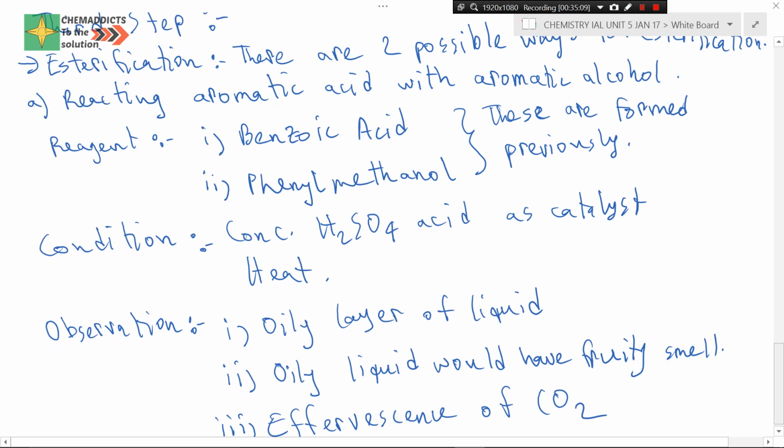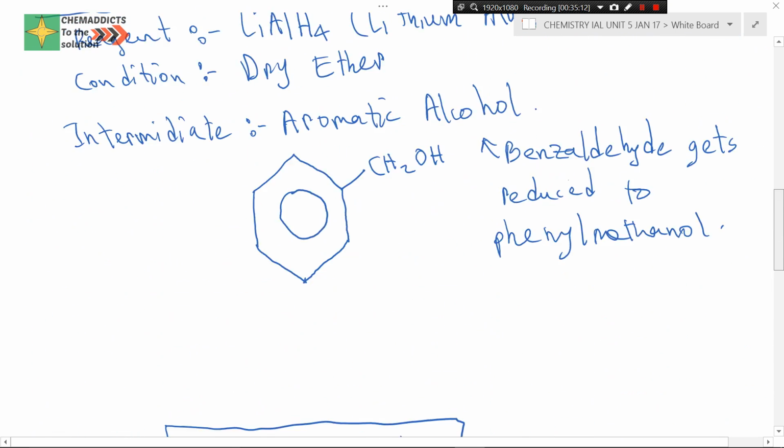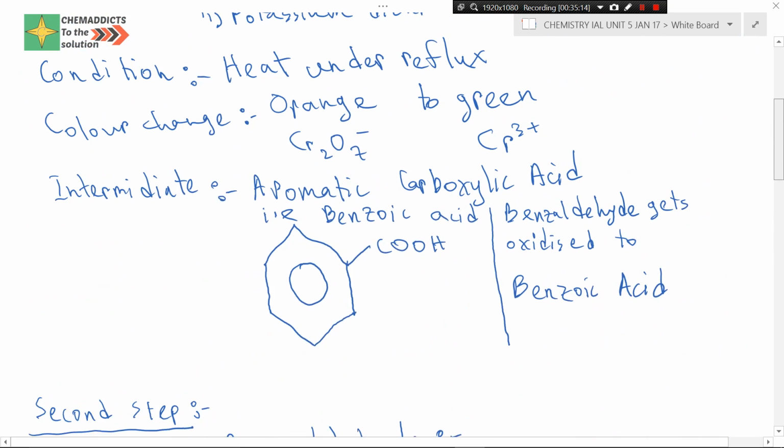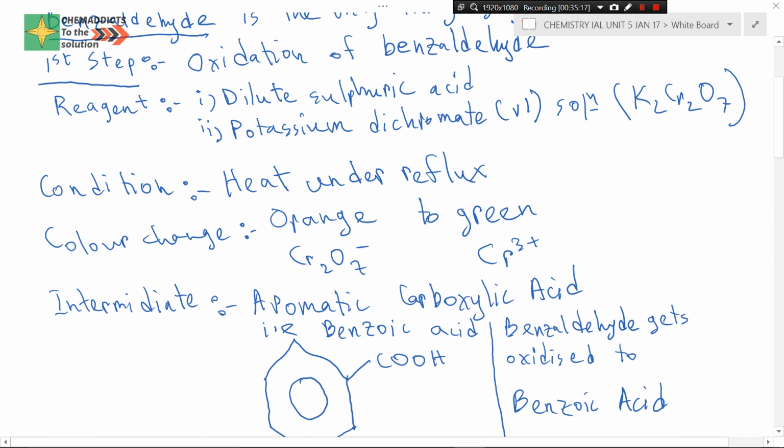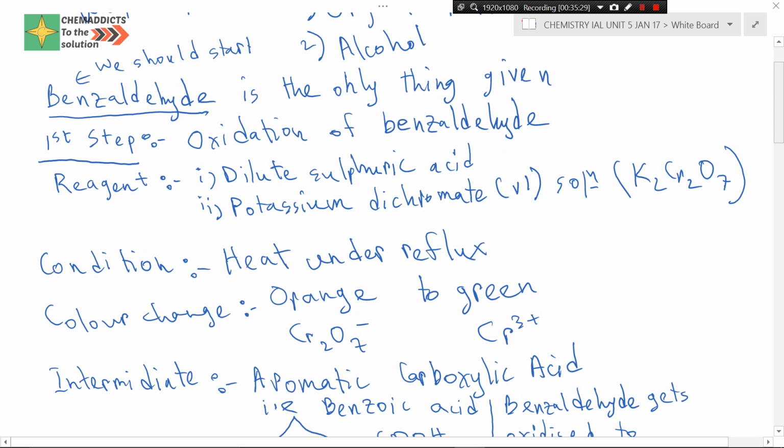Now let's talk about marks. Since these are in 3 steps, the total mark for this question is 5, right?